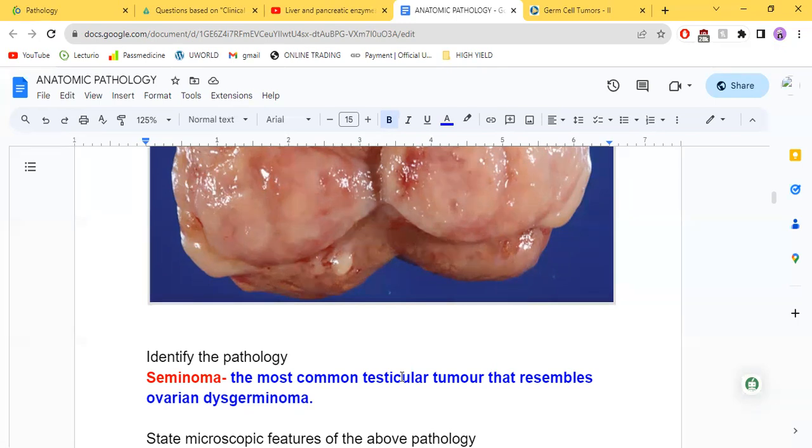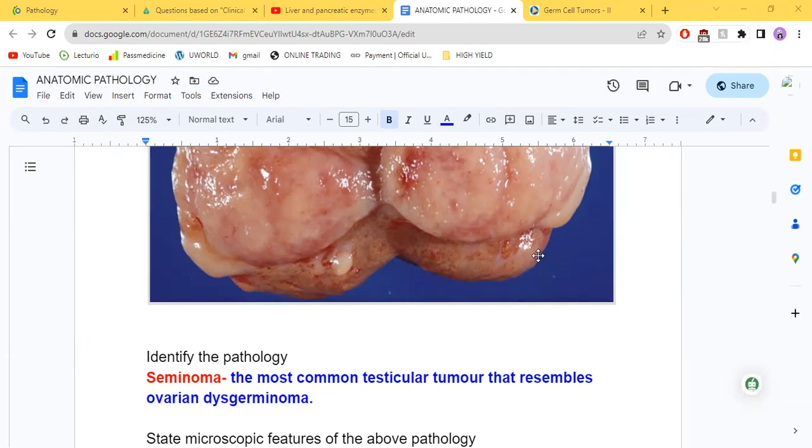Okay, so state the microscopic features of the above pathology. Maybe we can mention them and put them in the chat. I've already said one, fried egg appearance. Any more microscopic features that we'd expect to see? Any ideas?